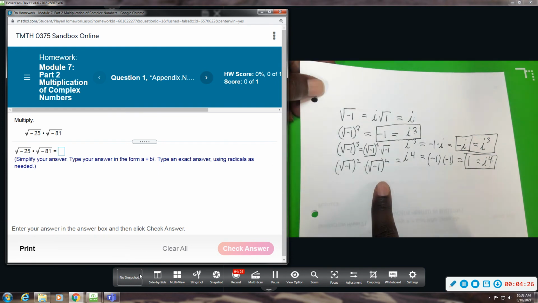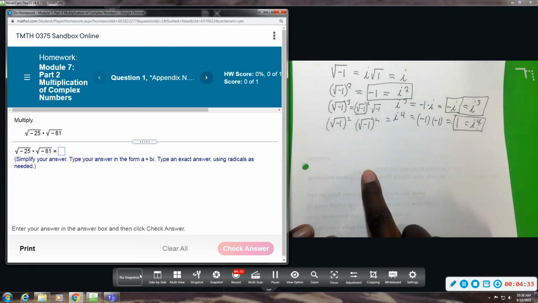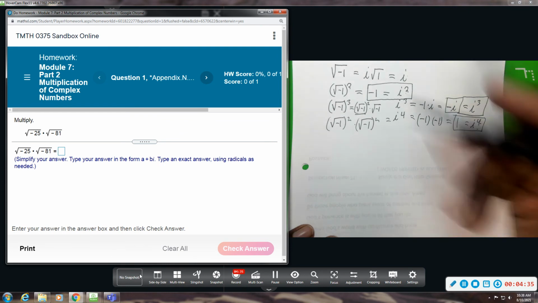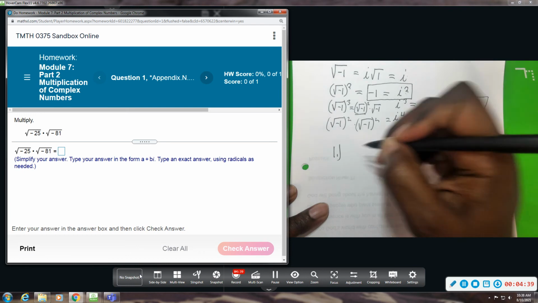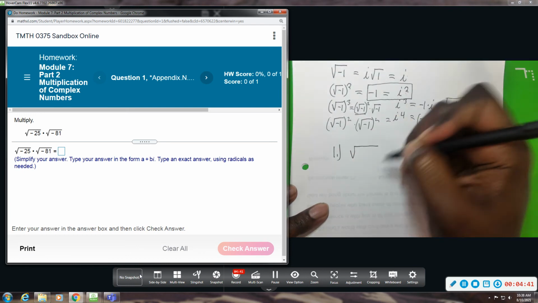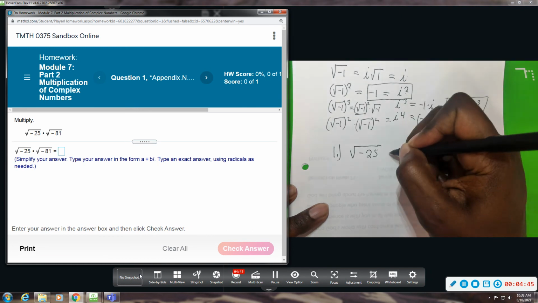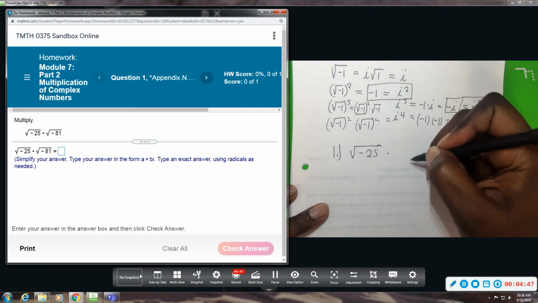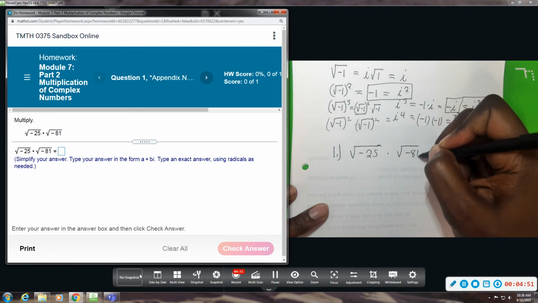Okay, so now that we have a better understanding of that, we're going to evaluate problem number 1. Problem number 1 says the square root of -25 times the square root of -81.